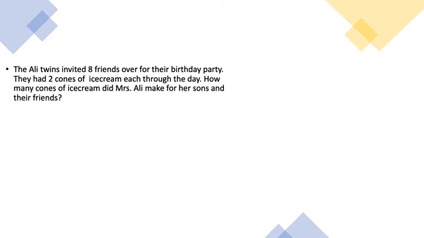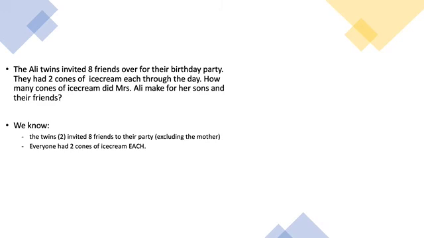You can go ahead to pause this video to solve it on your own and come back to press play to check your answer. After reading through the question, we can identify what we have and what we don't have. We know the twins invited 8 friends, so making it a total of 10 people in their party. We know that everyone had 2 cones of ice cream each. This is a keyword and we know what it means. It means times.